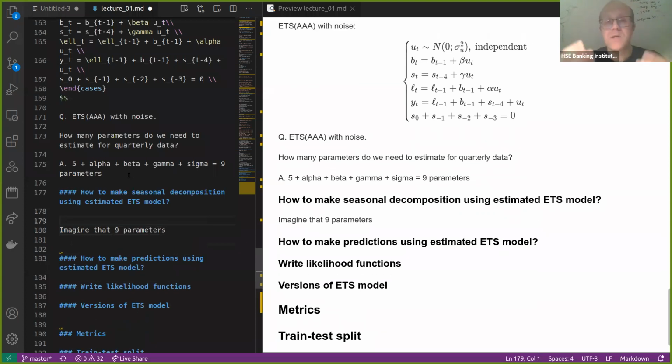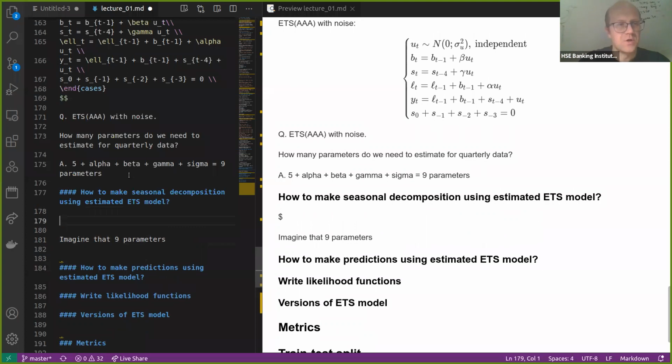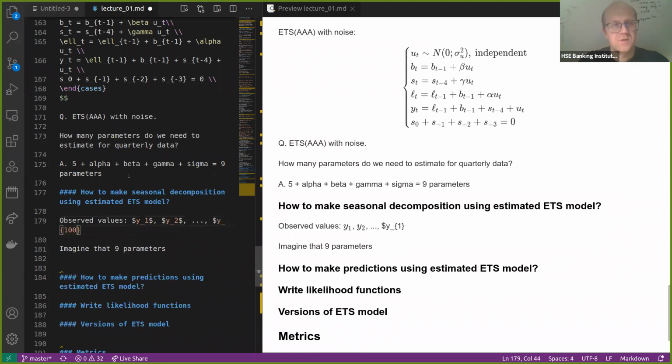So what do we have? We have a time series. We have observed values, y1, y2. Let's say we have 100 observations for simplicity.